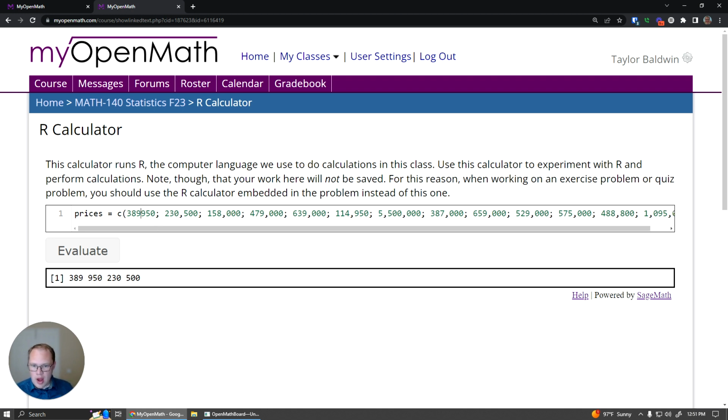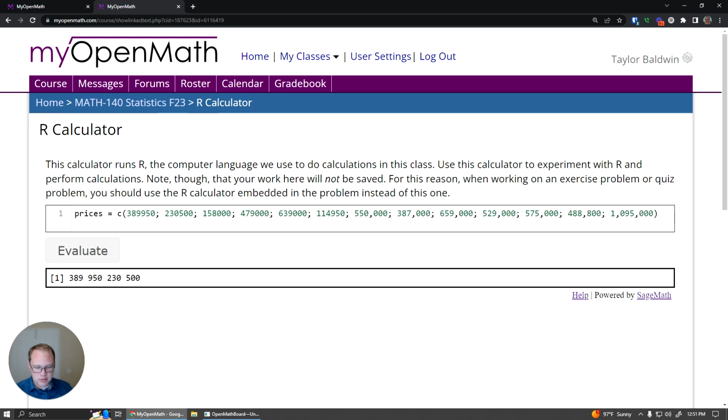We know the comma should only be used to mark where the next number in the list is. Now we do want commas to separate the different numbers, not semicolons, so I'm going to swap out all these semicolons with commas.